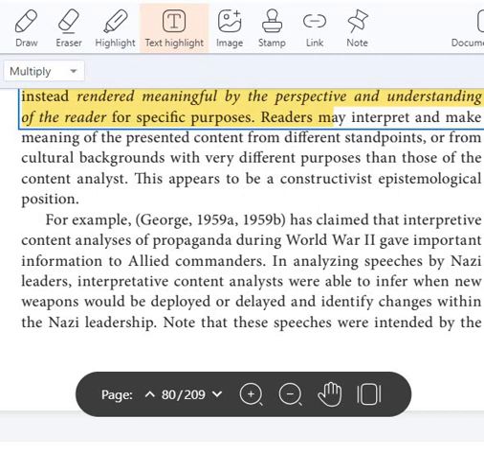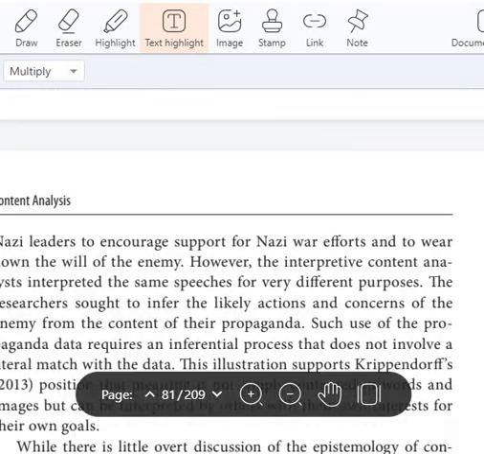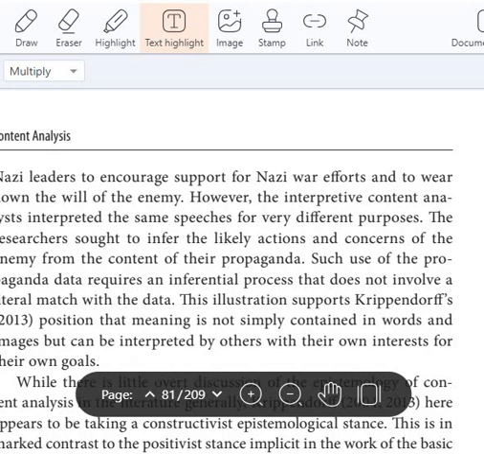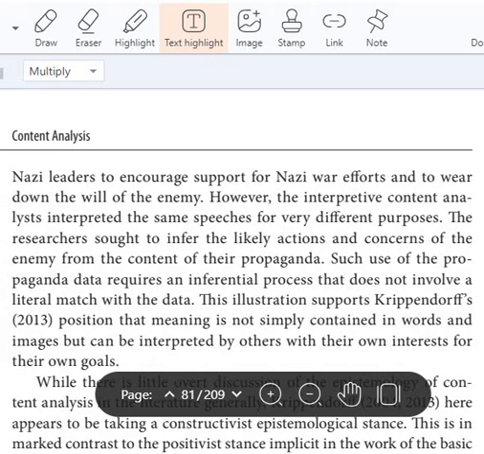In analyzing speeches by Nazi leaders, interpretive content analysts were able to infer when new weapons were or would be deployed or delayed, and identified changes within the Nazi leadership. So it was important for those soldiers to understand the intended messages of the enemies, right?